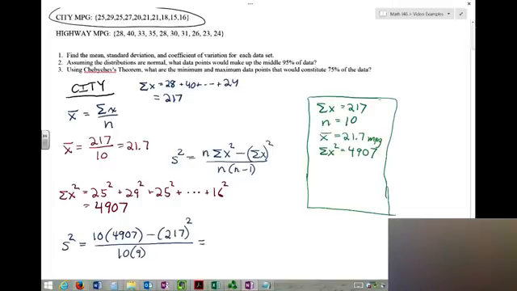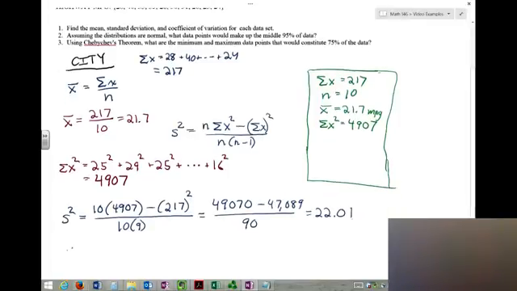So we have 10 times 4,907, and 217 squared is 47,089. Of course, n times n minus 1 is 90. If we plug all this information in and divide by 90, we get 22.01. And so the standard deviation itself is going to be the square root of 22.01.